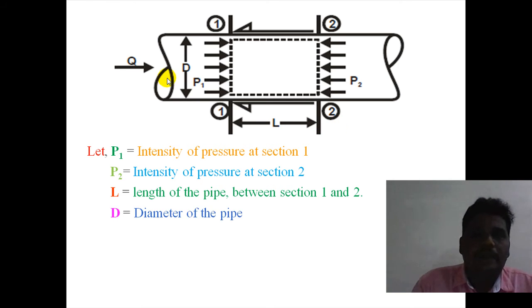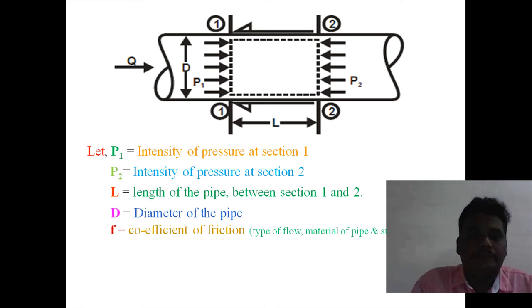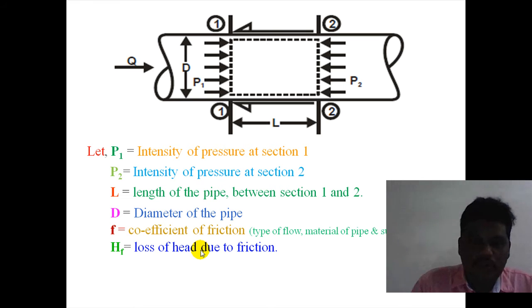Let D be the diameter of the pipe, and f the coefficient of friction, which depends upon the type of flow, the material of the pipe and the surface of the pipe. hf is the head loss due to friction in the pipe, the pressure head loss due to friction.